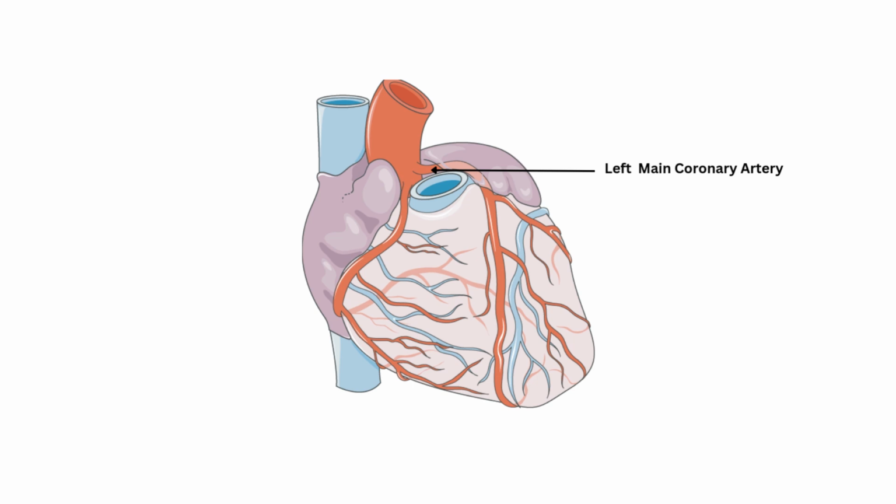So the first branch is the left anterior descending artery, which runs here in the anterior wall of the heart all the way down to the apex of the heart. While the second branch here, the circumflex artery, wraps around the left side of the heart like a belt to feed the left atrium and parts of the posterior wall of the heart.